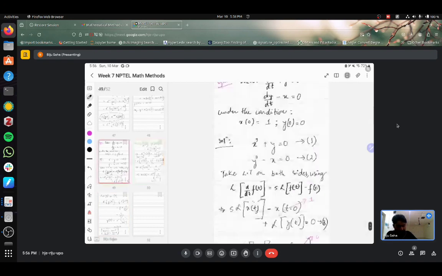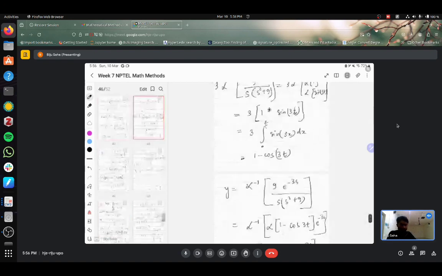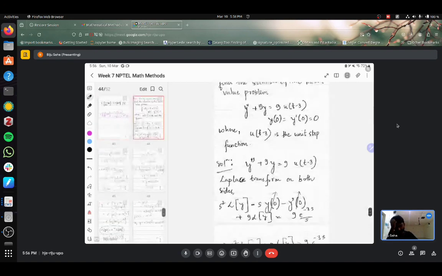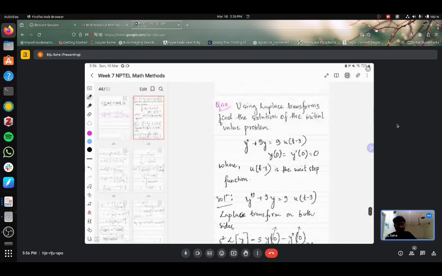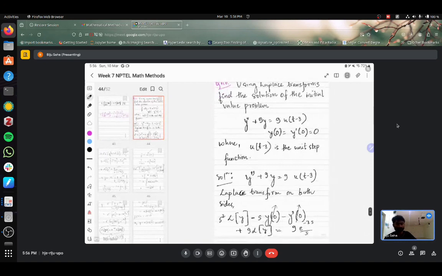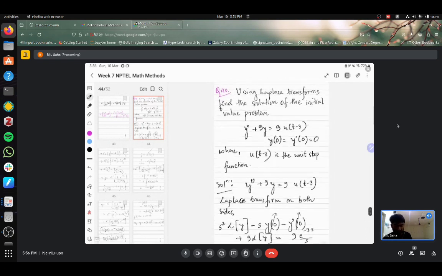If you have any problem in these two particular problems, please let me know anywhere you got confused or stuck. Let me revise these two problems. We had one differential equation and two initial conditions given.